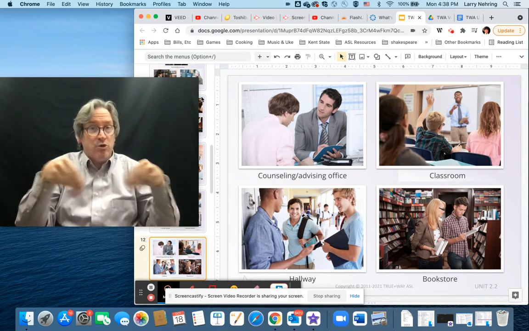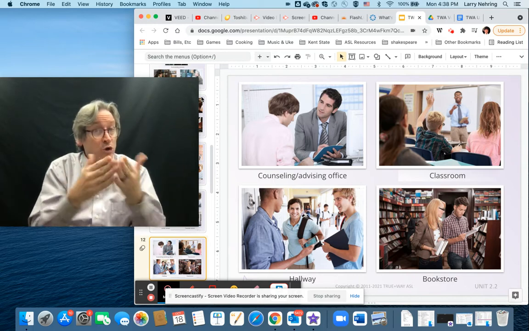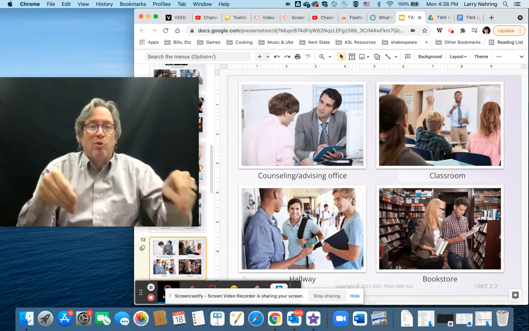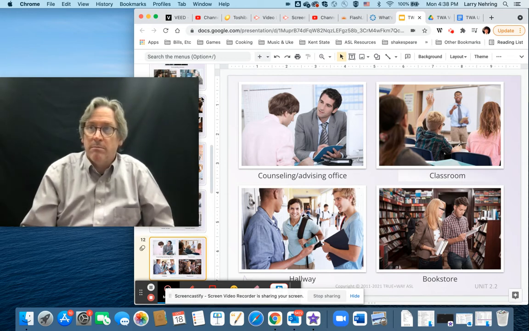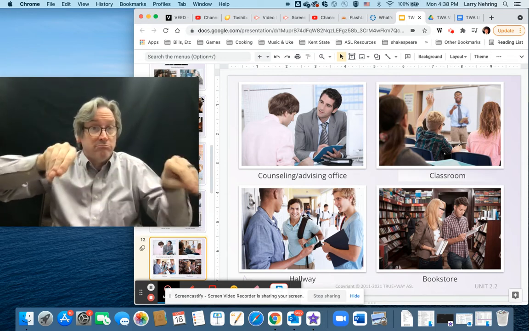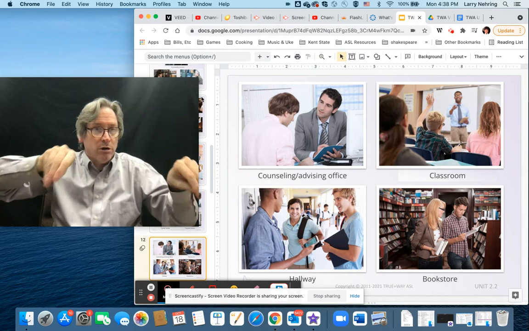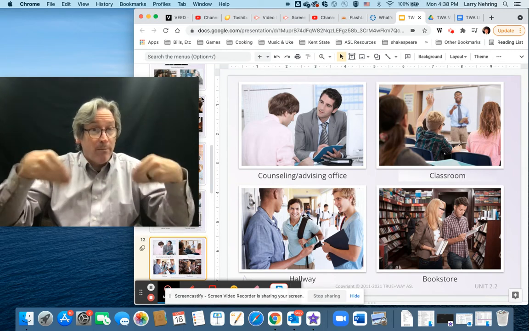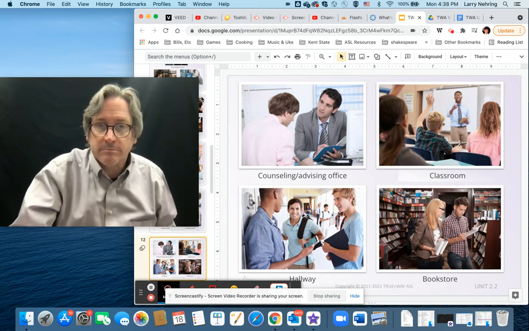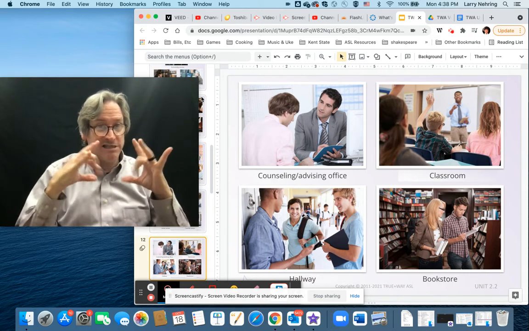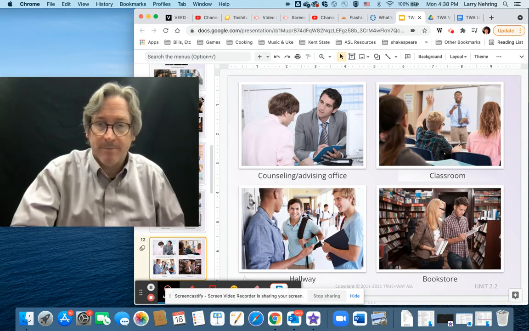Book and store. Compound and put them together. Cookie store, coffee shop, bookstore. Sign for Starbucks, if you remember that.